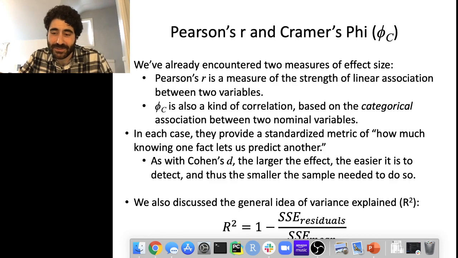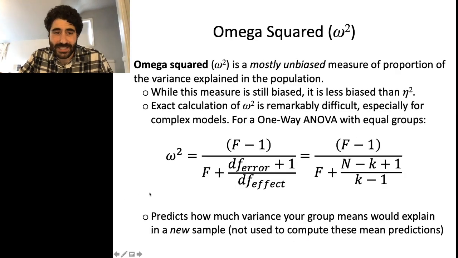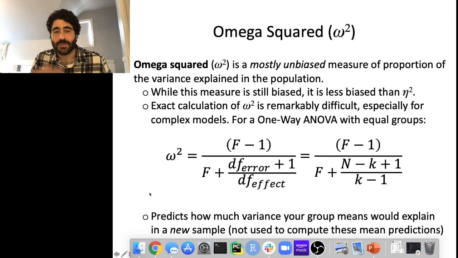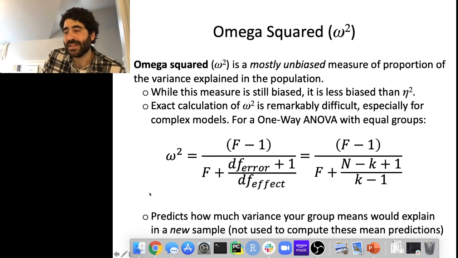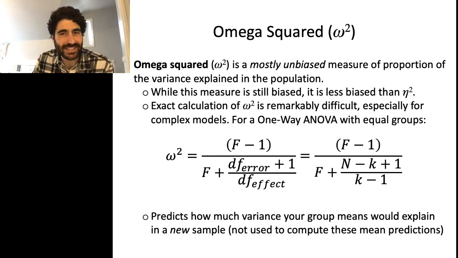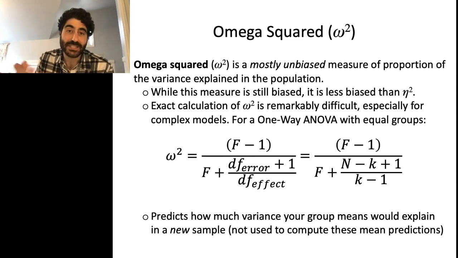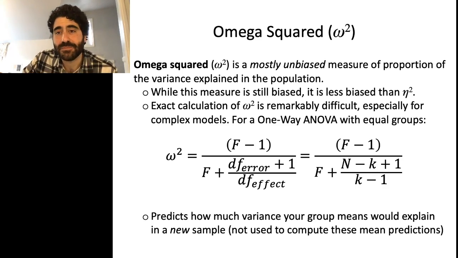So that's another option, doing some kind of cross-validated thing where we make predictions in a new sample. That's not the traditional way that we do things in statistics, but as long as your data satisfies all the ANOVA assumptions, then this omega squared will be kind of an estimate of how well your model is going to generalize to a new sample.